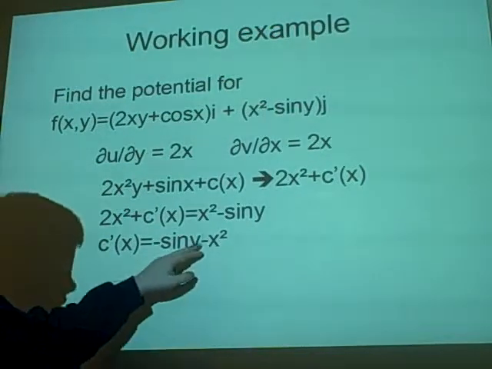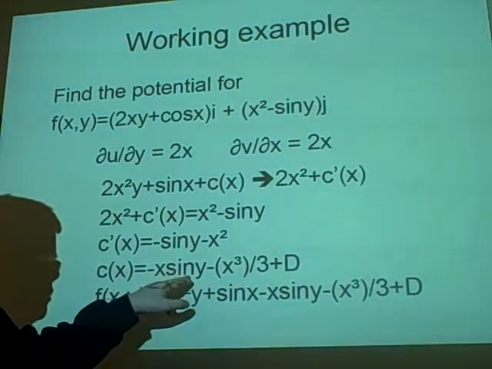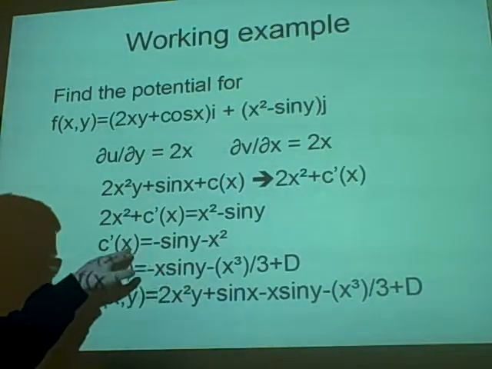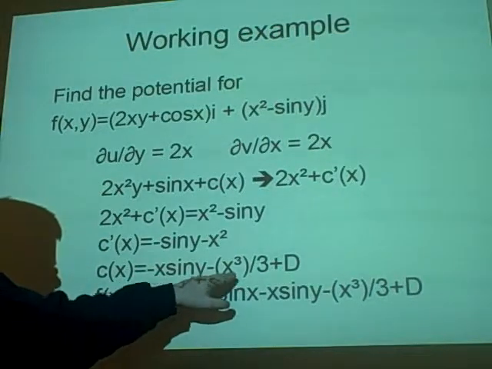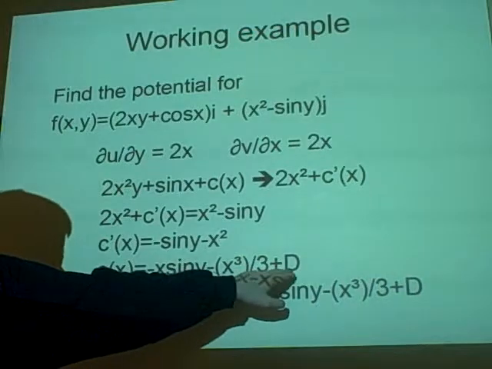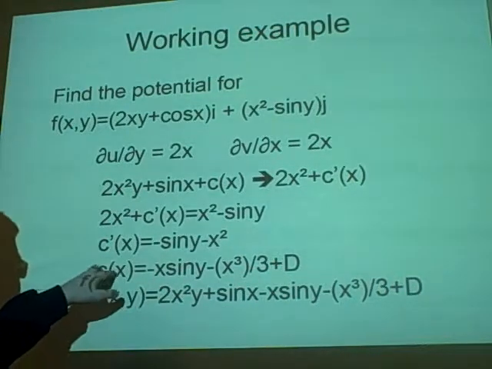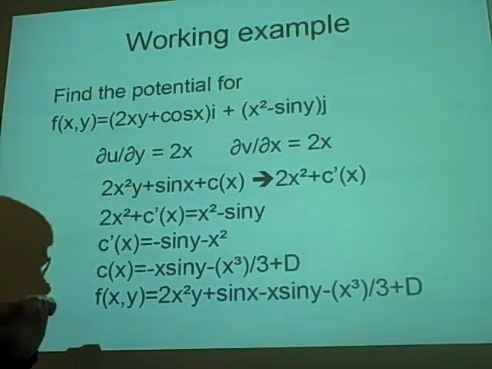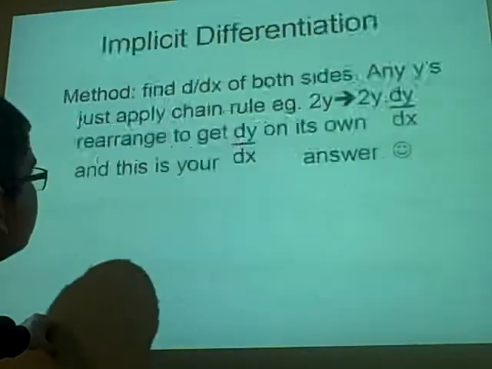So if we integrate this, it gives us minus x sine y minus x cubed over 3 plus d, and you're right to have a d there. And then we put this c value in here, and this will give us our function f of x,y, and this is our potential function.